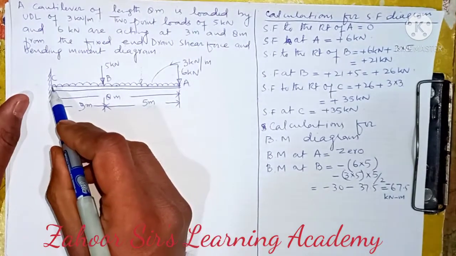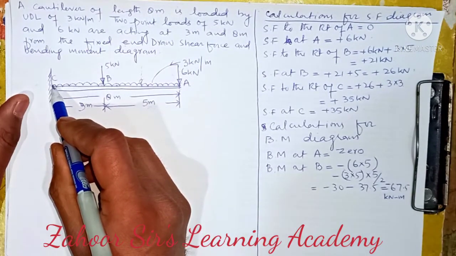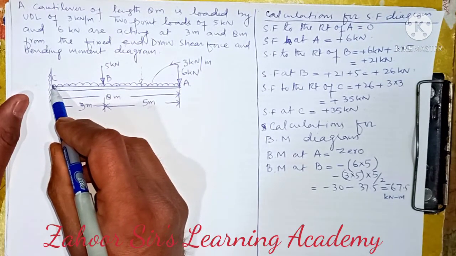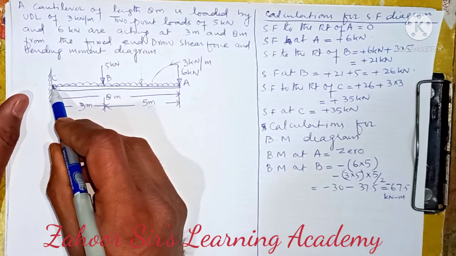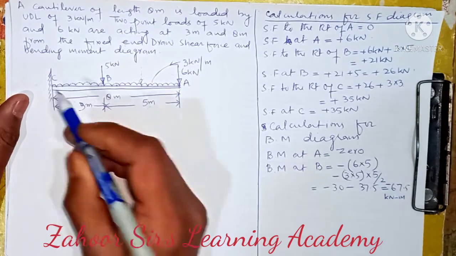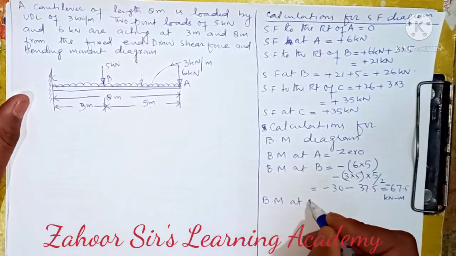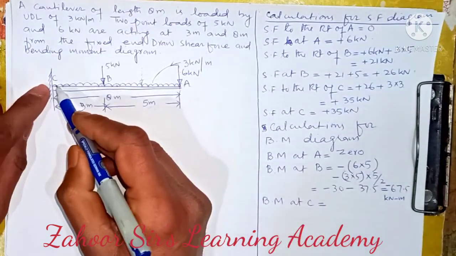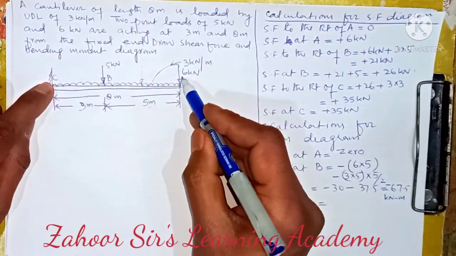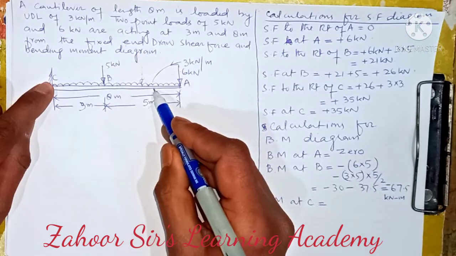Now we have to find the maximum bending, which is at the fixed end. Remember this thing also. In case of cantilever, always the maximum bending occurs at the fixed end of the cantilever. So I will write BM at point C. So who is going to bend C? This load, then the UDL.